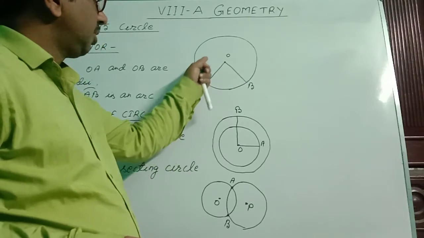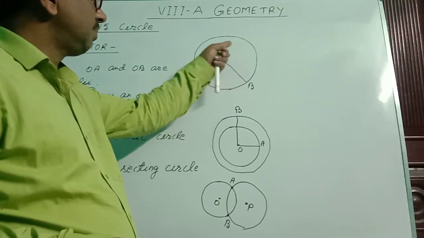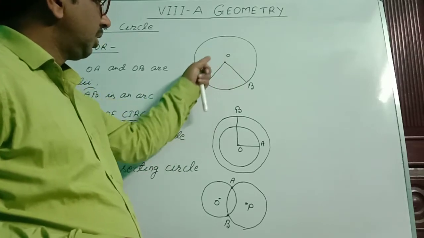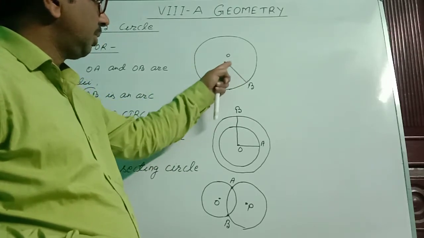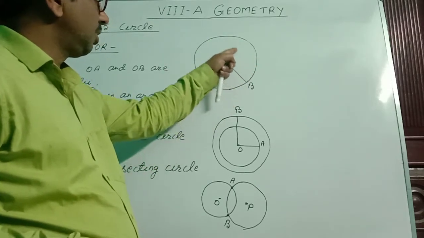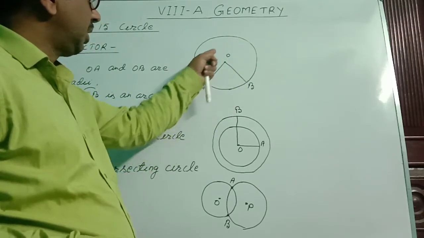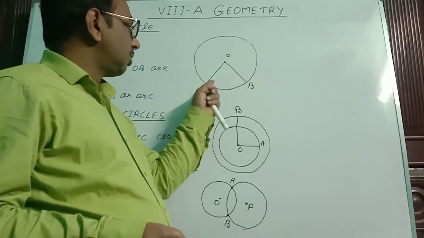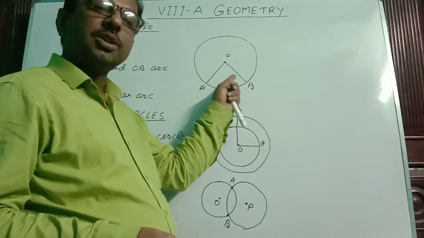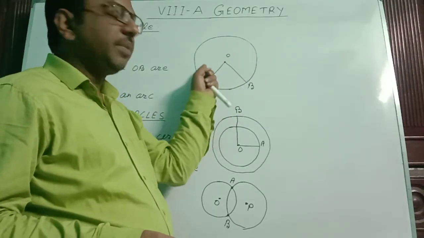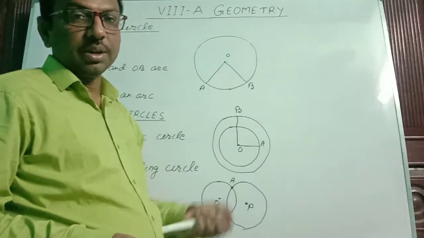The opposite region is also enclosed by these two radii and this arc, so it is also a sector, but that sector is called the major sector. The first one is the minor sector, that is smaller in area, and the opposite of it is the major sector, that is larger in area.